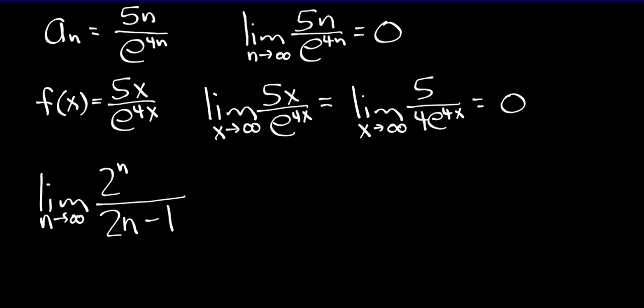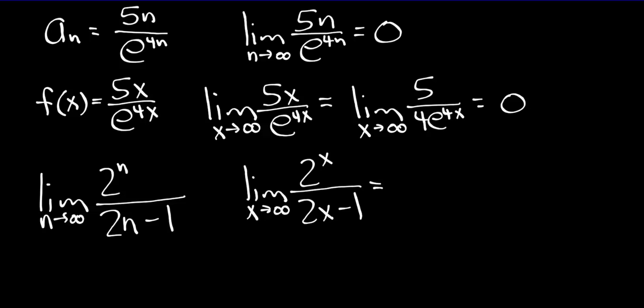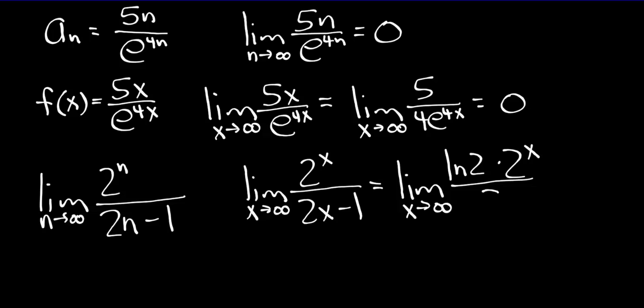So we can talk about the limit as x goes to infinity of 2 to the x over 2x minus 1. Now, we can use L'Hopital's rule on this because we've got infinity over infinity, just like the case before. We've got the limit as x goes to infinity of log 2 times 2 to the x over, and down here, this is just 2.